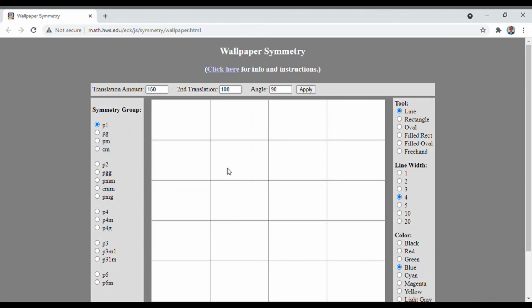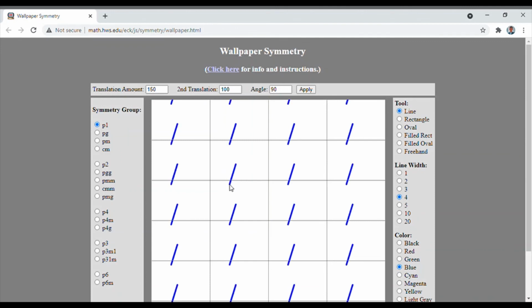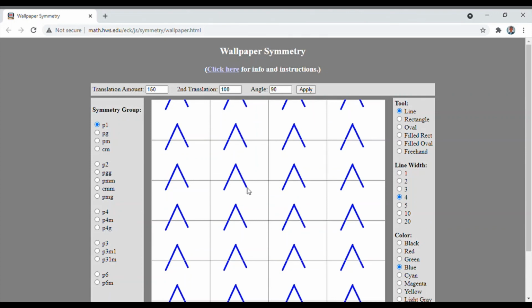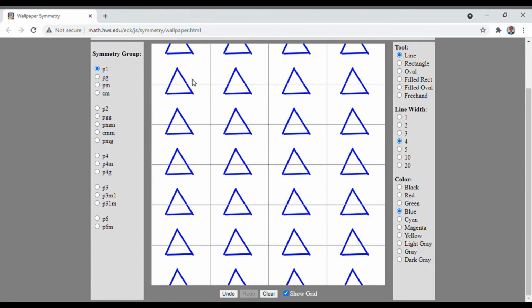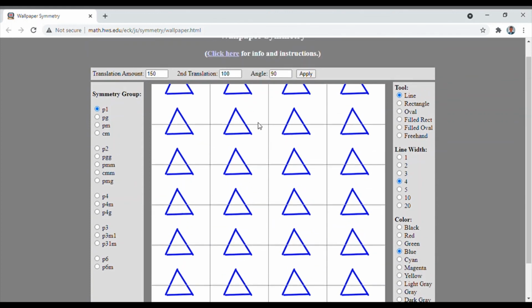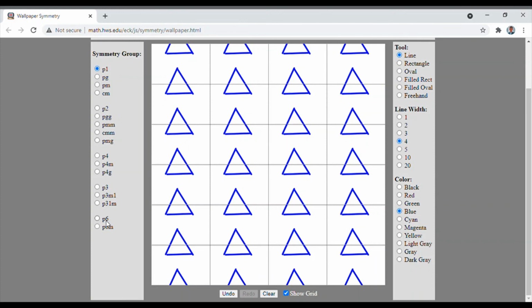But first, let me form a triangle. Here, we have one. As you can see, these triangles are being repeated across the plane as you draw the lines. And it creates a wallpaper group efficiently and effectively using this digital platform. If you want to see this triangle in different forms of wallpaper groups, let us take a look here. We have the PG.